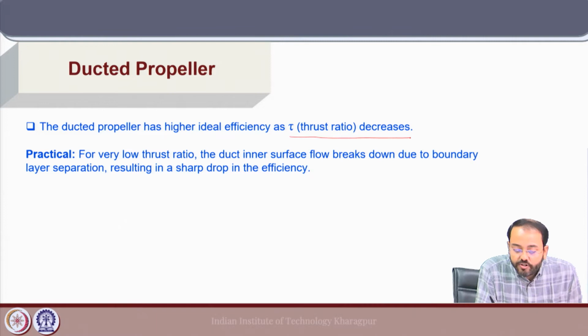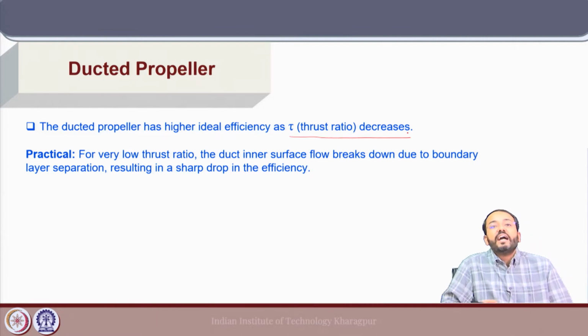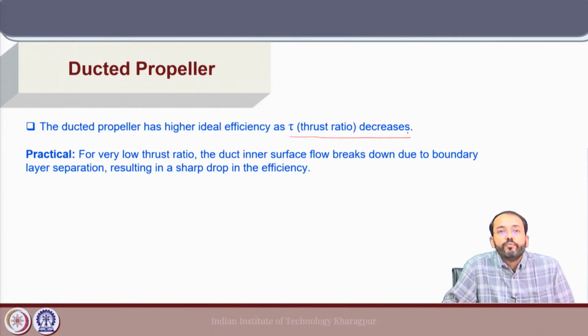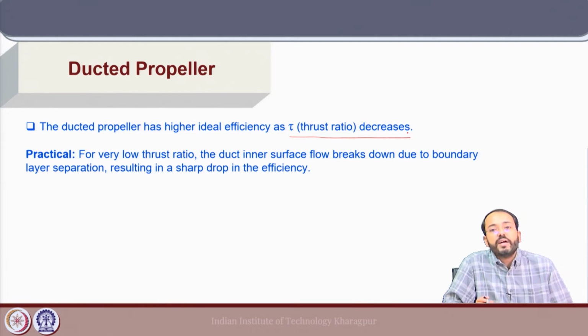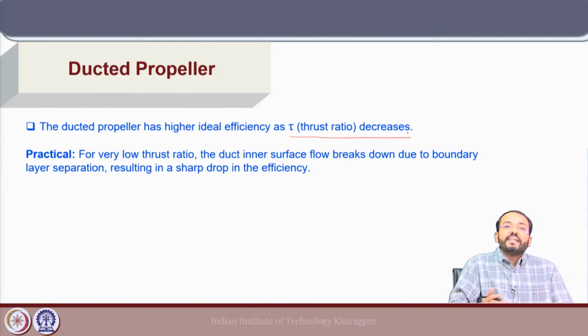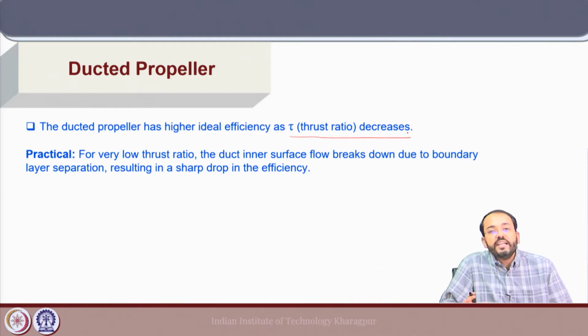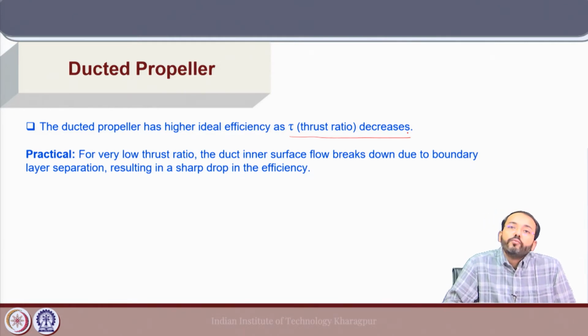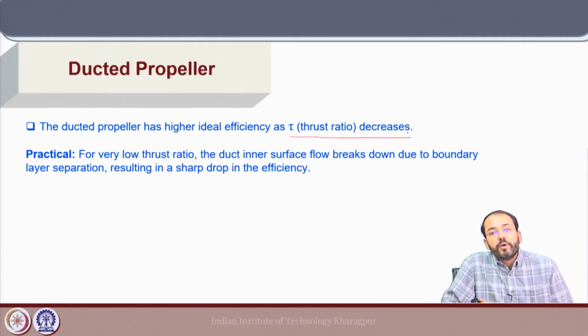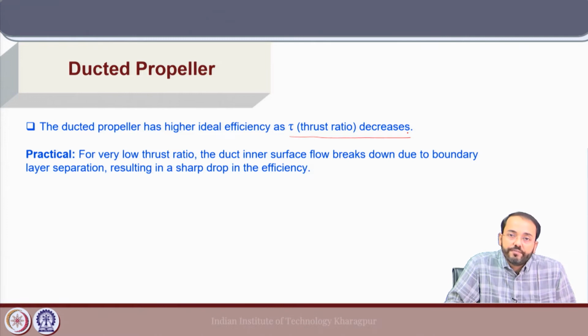As thrust ratio decreases, the ideal efficiency will increase for the ducted propeller, that is obtained from the ideal efficiency equation. Now, for a practical case, if the thrust ratio is very low, if tau is very low, then the duct inner surface flow will break down and boundary layer separation will occur, which will result in a sharp drop in efficiency.